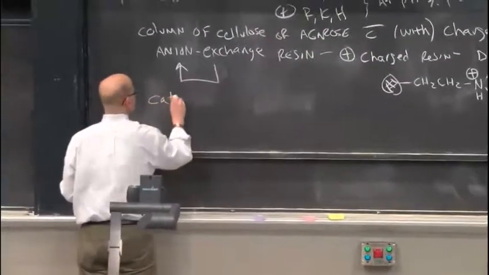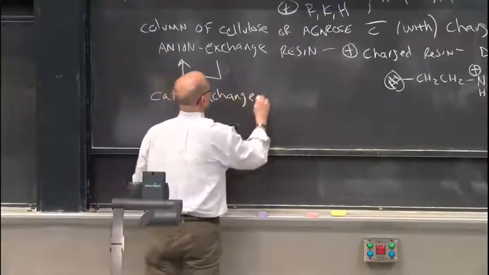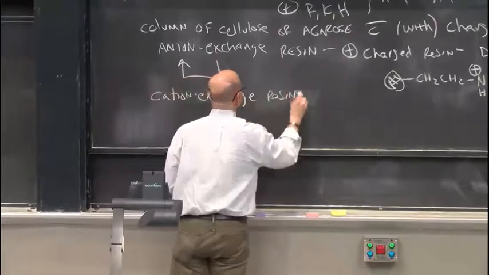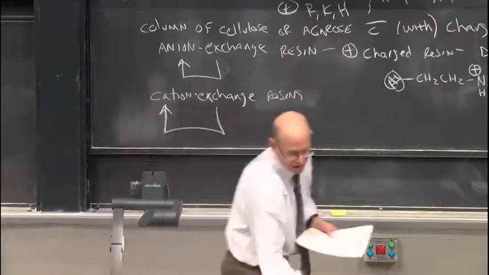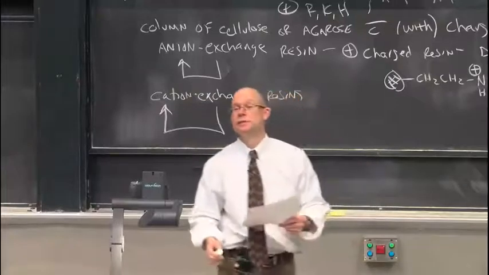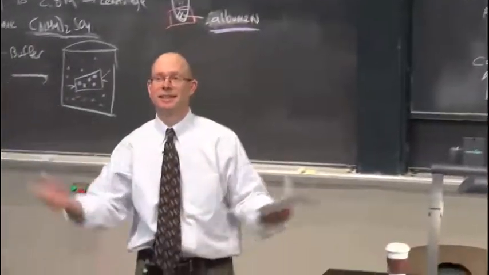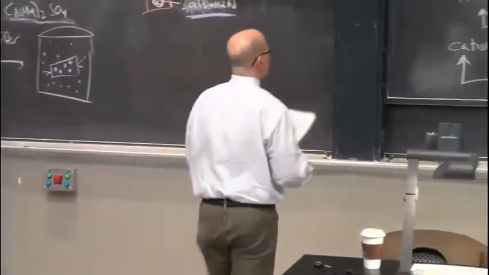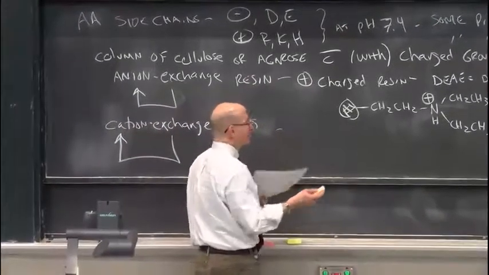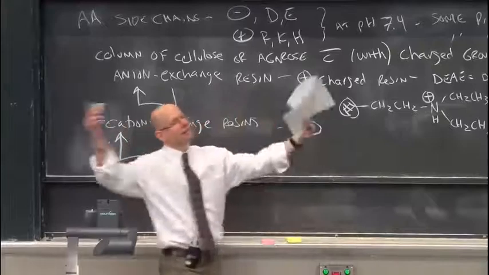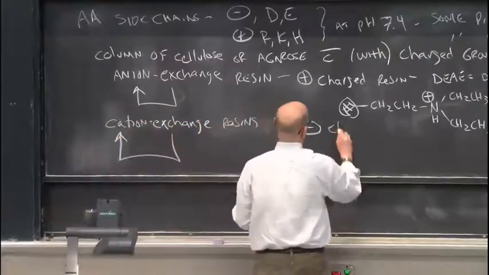Now, what about cation exchange resins? So, if I have a cation exchange resin, Santiago, what's a cation exchange resin going to exchange? Cations, of course. And so, what charge does this have to be? Negative, right? Because cations are positive.